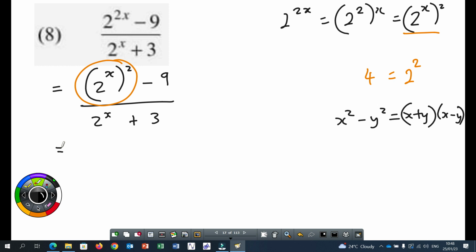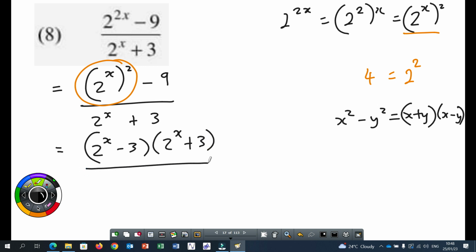in terms of the difference of two squares to this expression, which is our numerator, my 2 factors will be 2 to the power of x minus 3 times 2 to the power of x plus 3. This is all over 2 to the power of x plus 3.